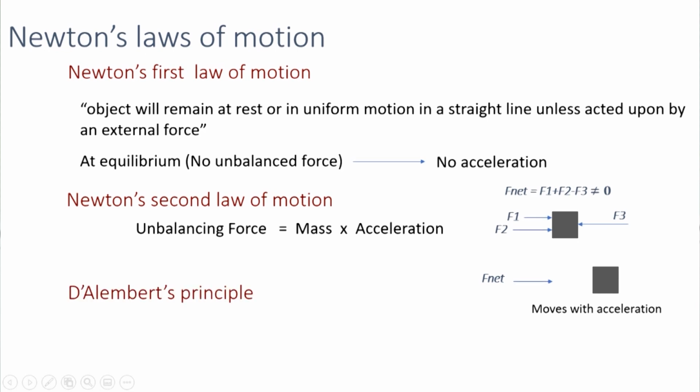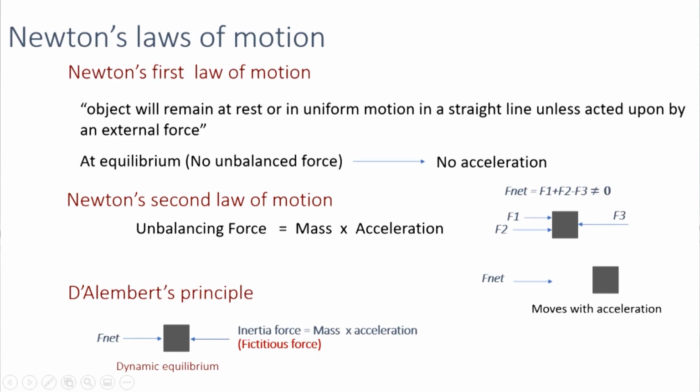of D'Alembert's principle. This principle says that if we have an unbalanced force on a body, we can consider a fictitious force which is equal and opposite to the unbalancing force, and treat this scenario as an equilibrium. He calls it dynamic equilibrium.